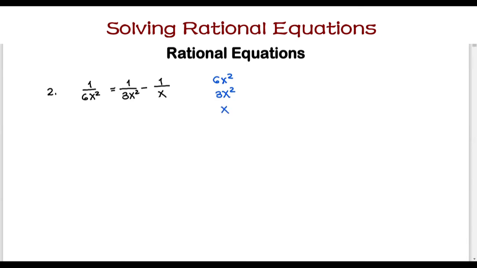Lahat sila bawal mag-0. Sige nga, for what value or values of x magzi-0 ang denominator? Do you agree? X should not be equal to 0. Yun lang. Sa value lang ng x equals 0, magzi-0 yung mga denominator.